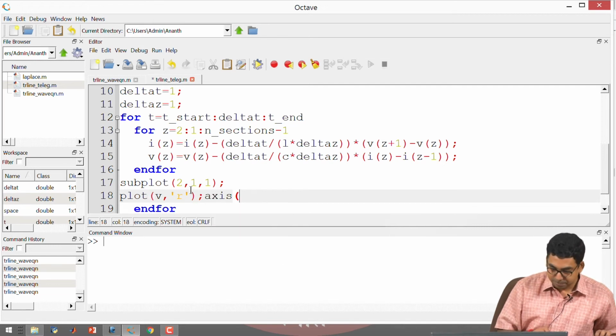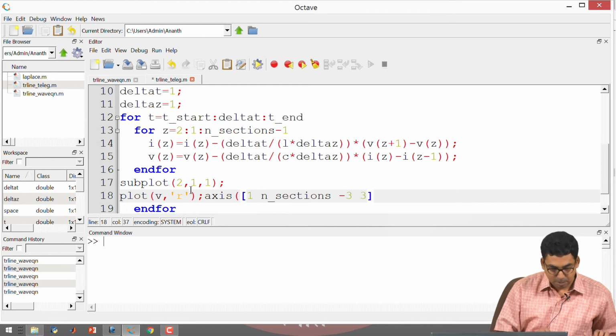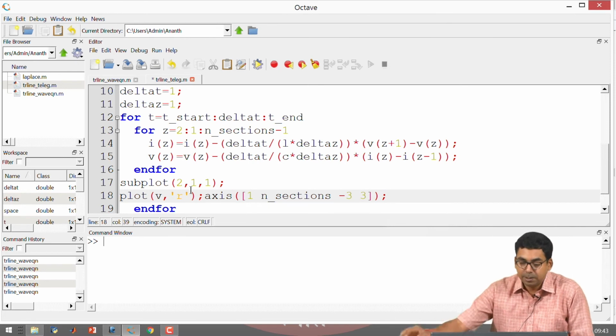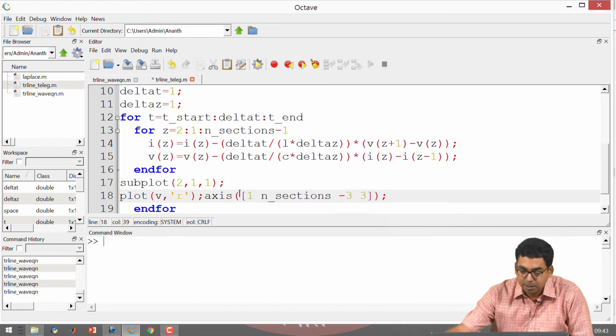And so the axis command here tells you it's of this form. Axis within square brackets, what you're giving is x min, x max for the x axis, y min, y max for the y axis.